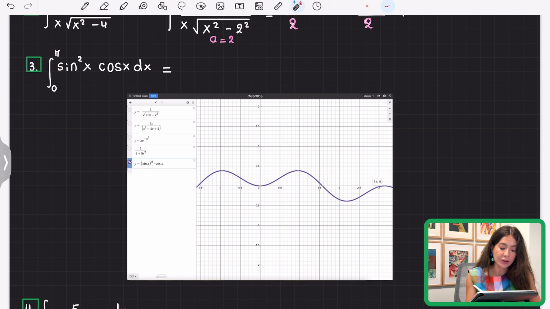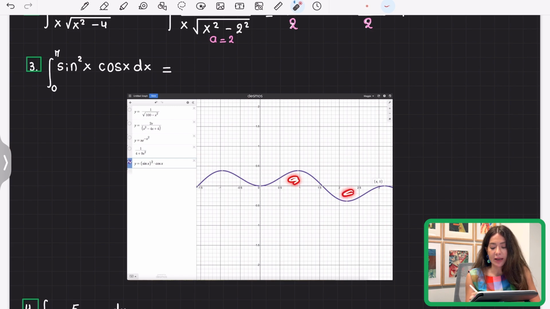Whenever you're taking integrals, area that is above x has a positive sign, and area that is below x has negative. So when you're trying to do a ballpark, that's why you need to see the graph of this function, so that you know what answer makes sense and what doesn't.